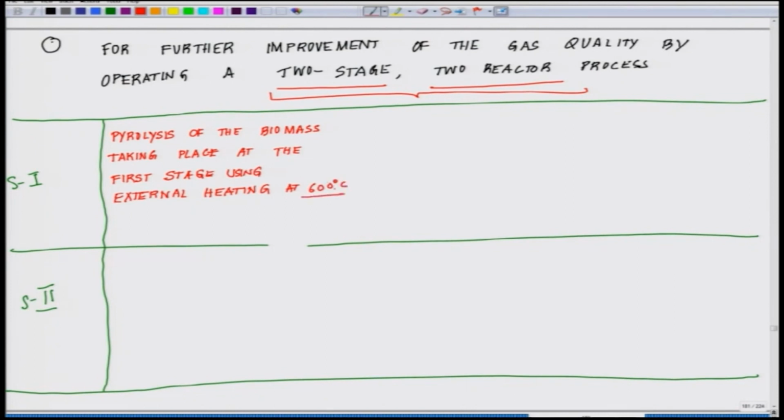Next, I told you the stage 2 reactor is going on. So, there will be 4 different stages we will be dealing with.